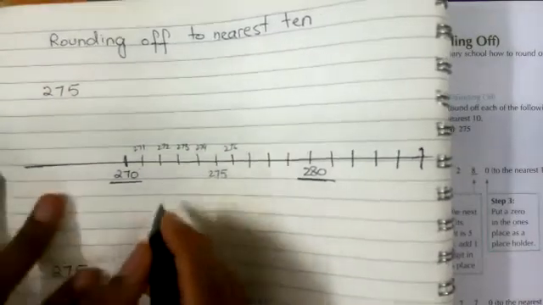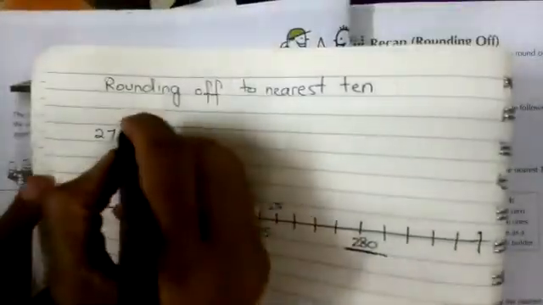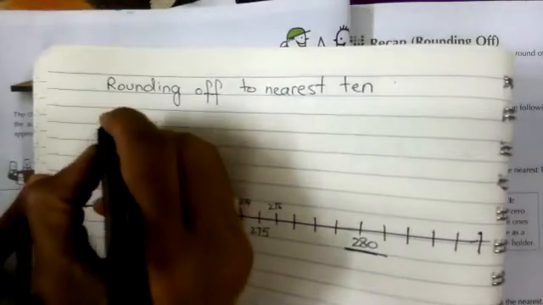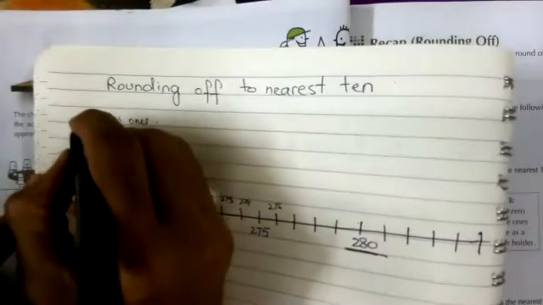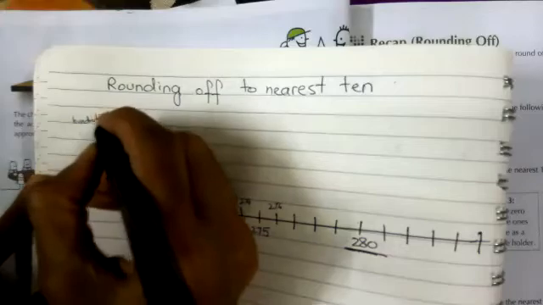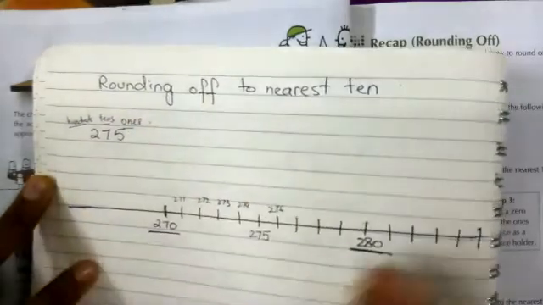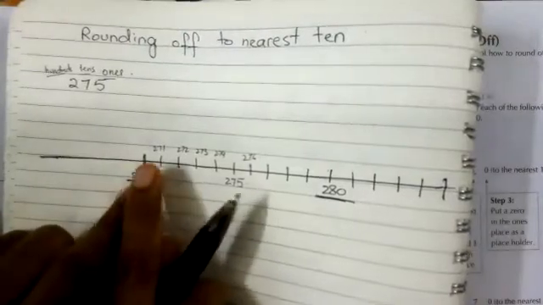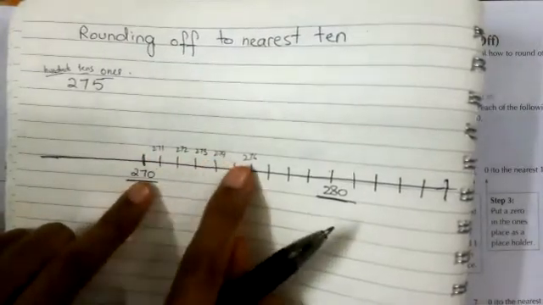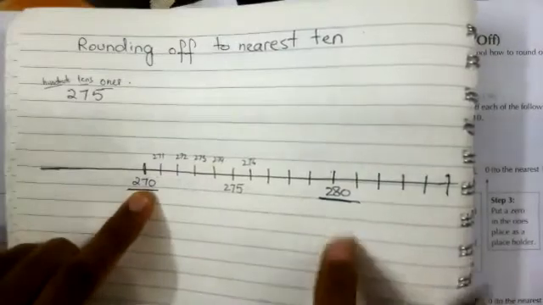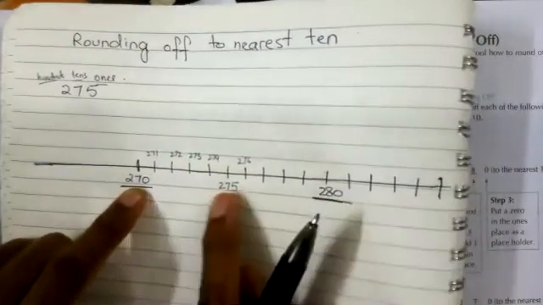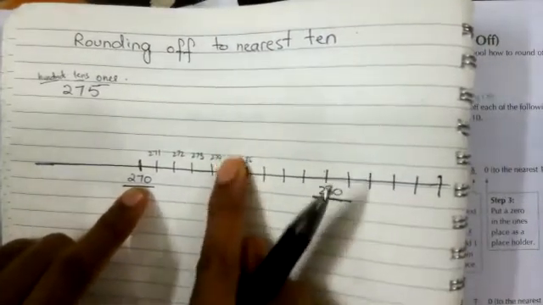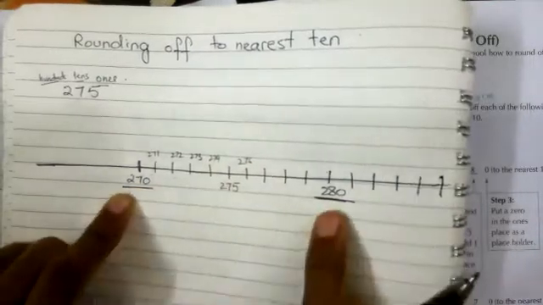You know the place values, right? So this is ones, this is tens, and this is hundreds. You must have done this in your junior grades. So the ones digit is 0 here, while the ones digits are not 0 here. This 275 is exactly midway between these two tens.